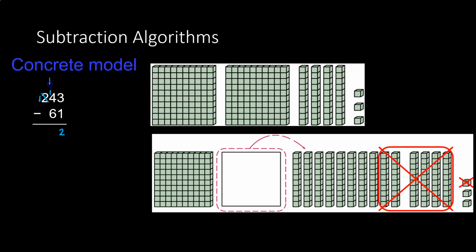That says that we have 10 plus 4, in other words, 14. 14 minus 6 would leave us with 8. And then lastly, we bring down the 1 in the hundreds column for 182. So this idea of regrouping can be visualized using the concrete model, and then it helps us understand how it works in the standard algorithm.